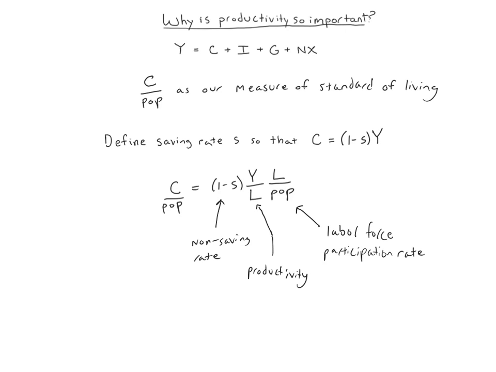So now we can look at these three terms and see that if we're going to get standard of living to improve over time, or just to have a high standard of living ever, we're going to have to have either a very high non-savings rate, which means saving very little, or high productivity, or a really, really high labor force participation rate. In practice, if you want your standard of living to grow, the first thing, raising your non-savings rate, is a non-starter.